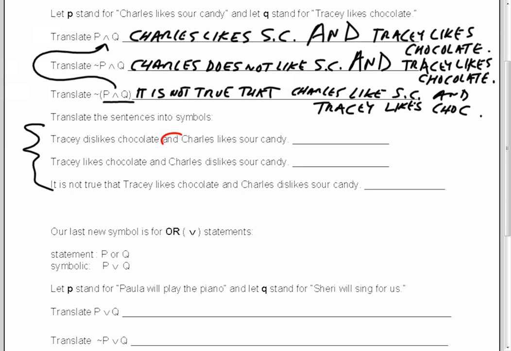You need to circle things. In this case, P stood for Charles likes sour candy. Q stood for Tracy likes chocolate. Let me see what you guys have.